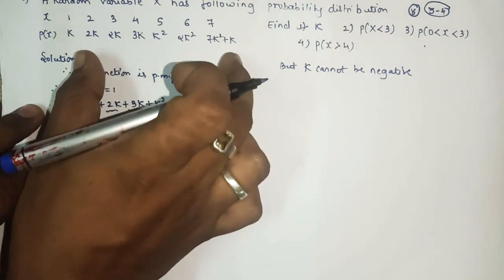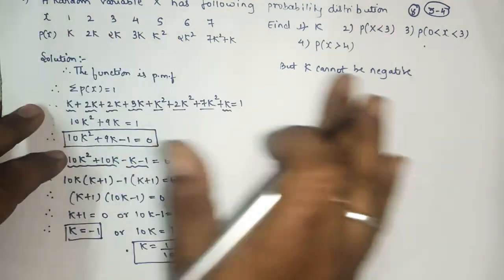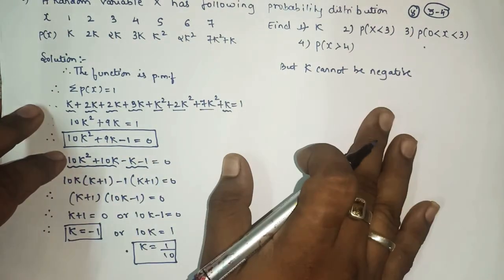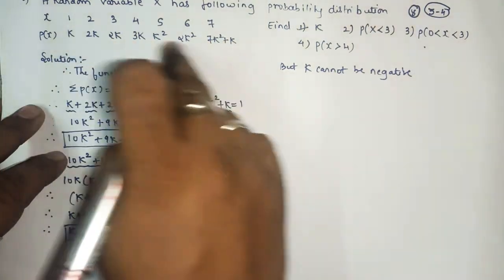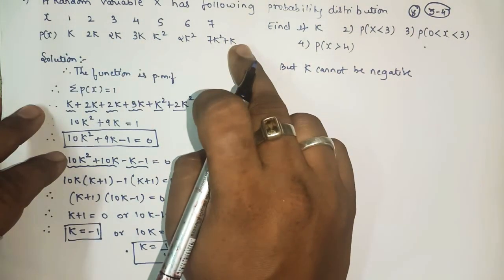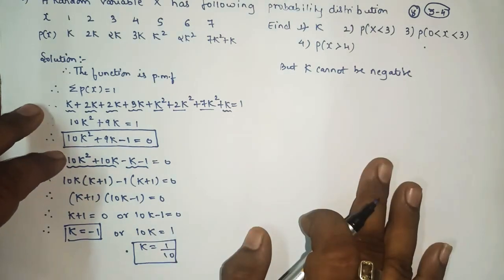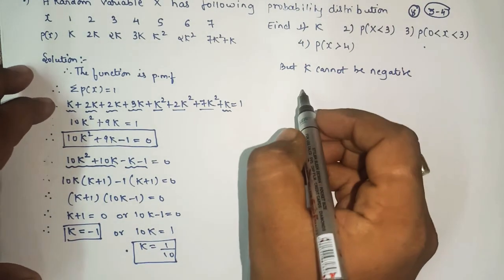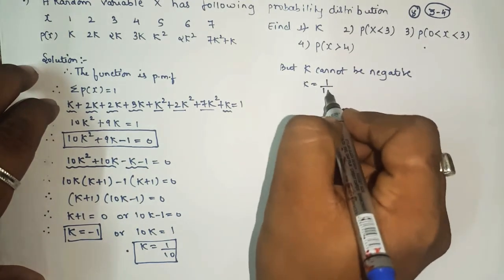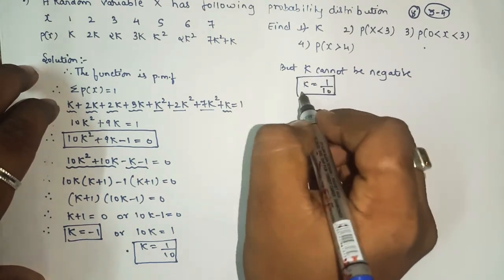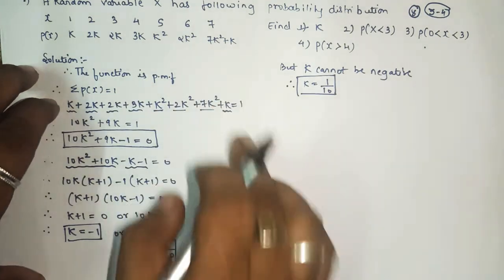When the p of x lies between 0 and 1, yes, the function is a PMF. But it should not contain a negative value. Understood? Okay, so clearly we can see that k equals 1 by 10 satisfies that the function is a PMF.